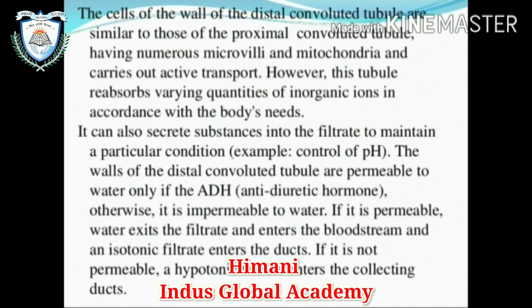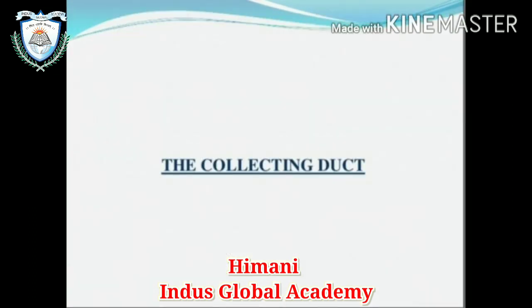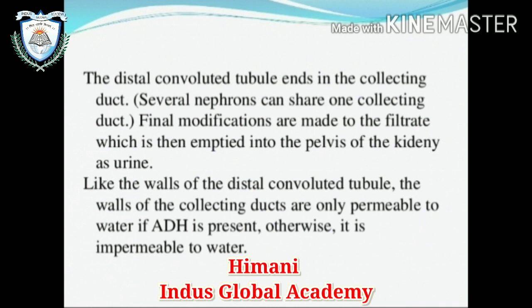So, after that, the collecting duct, also known as the CD. The distal convoluted tubule ends in the collecting duct. Several nephrons can share a single collecting duct.